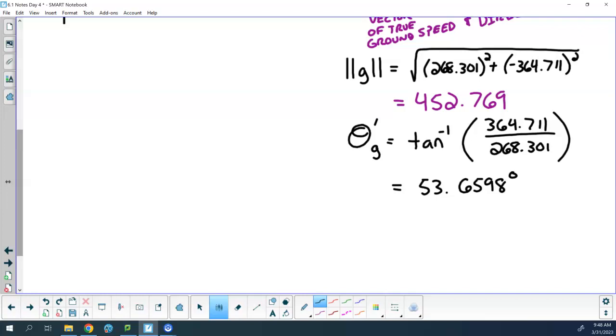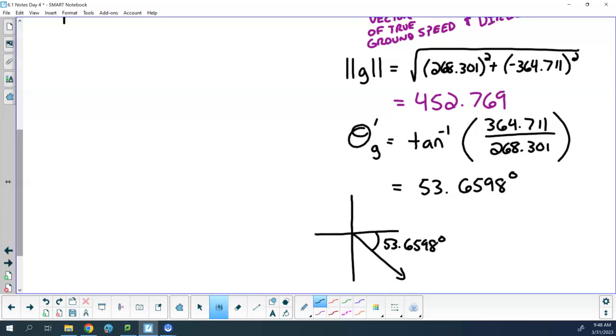But we don't have to do that step because it's a bearing angle. So we said that we were in quadrant number 4. We said that this 53 degrees was our reference angle.